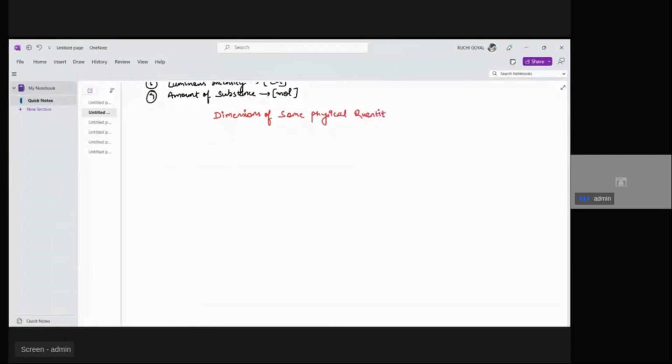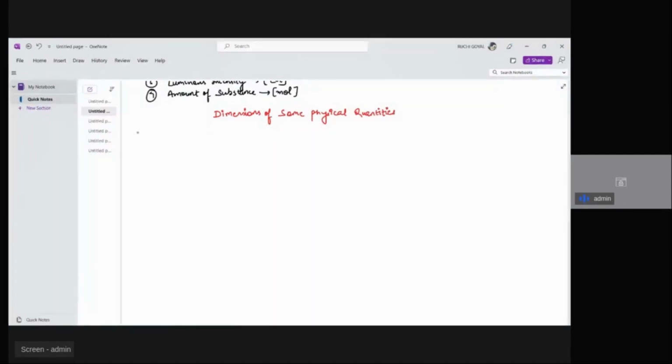How can we derive these? We can derive them one by one.